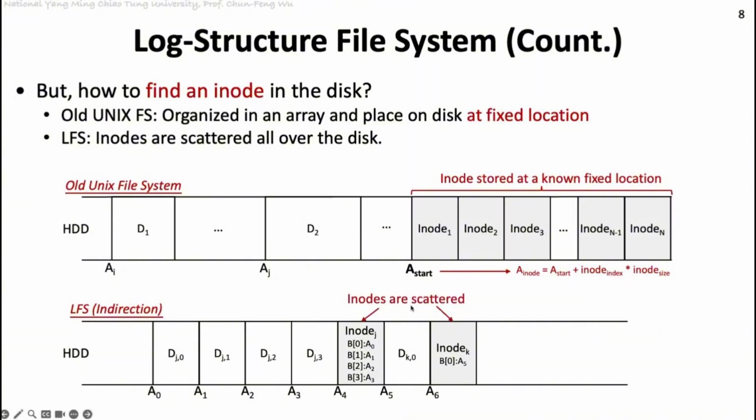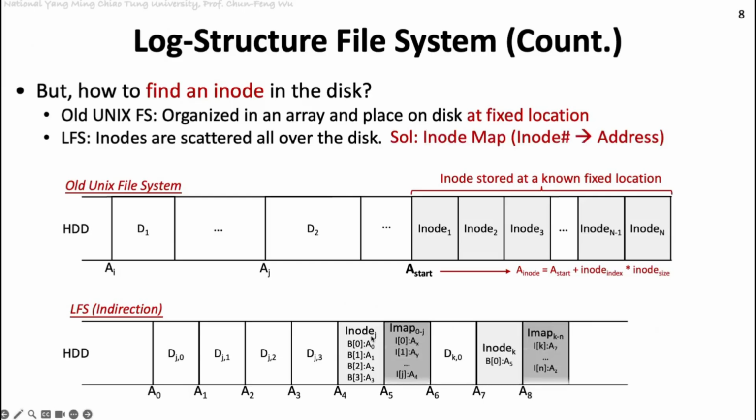However, inodes are now scattered, so we cannot easily find an inode. So we use another new data structure called the inode map. You can think of the inode map as a summary of several inodes. Like this, inode 0 to J means we summarize the information of inode 0 to inode J, those J plus 1 entries here.